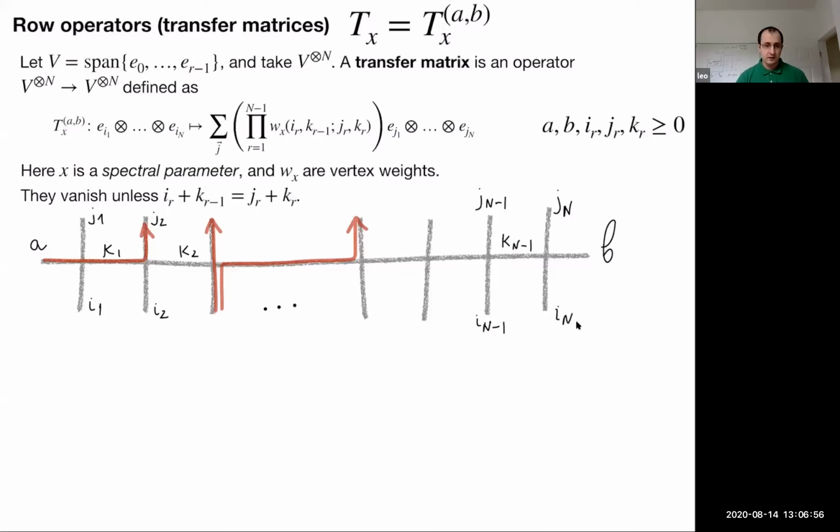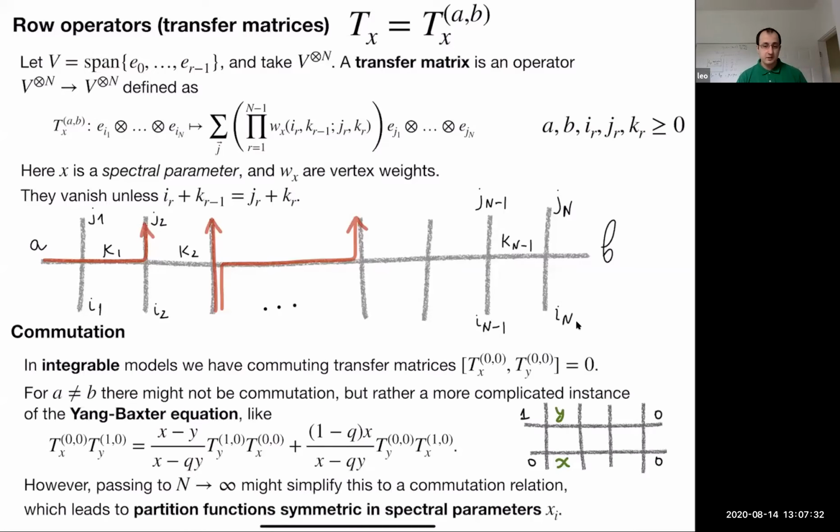By fixing I and J, we determine the configuration of arrows on this lattice, and then we assign a weight to this configuration by saying that the weight of a configuration is a product of individual vertex weights, W sub x, where they're chained in the sense that K1 exits vertex number 1, then enters vertex number 2, and so on and so on.